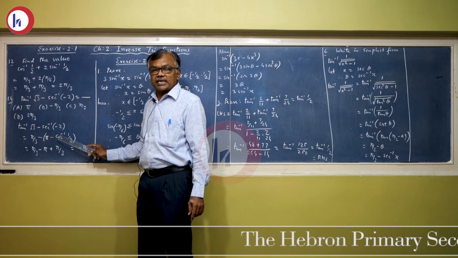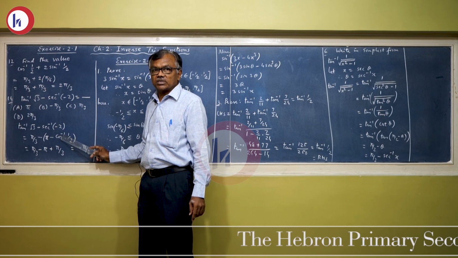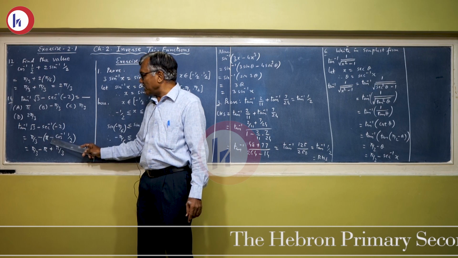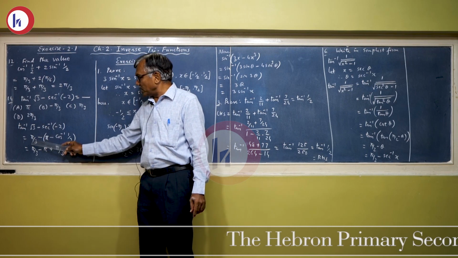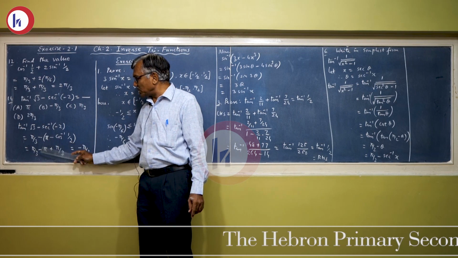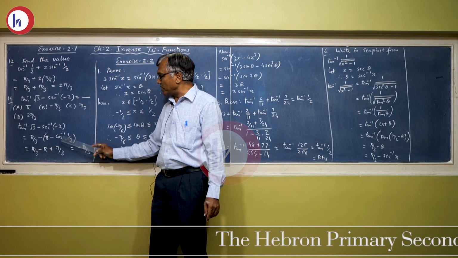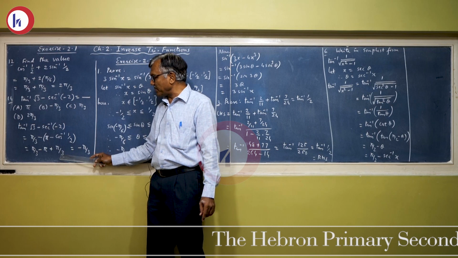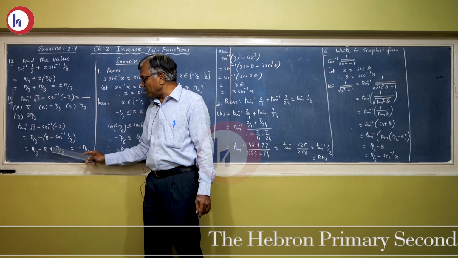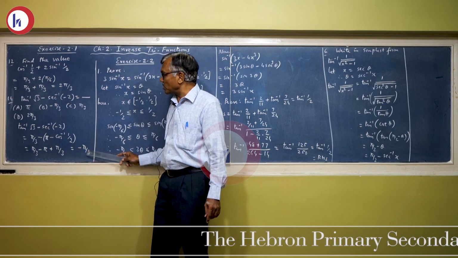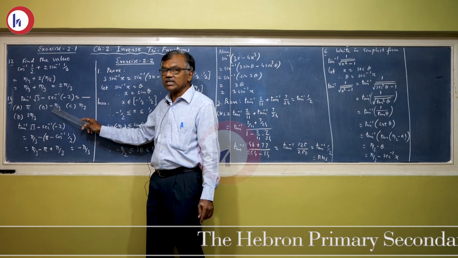Sec inverse 2 is the same as cos inverse 1 by 2. So pi by 3 minus (pi minus cos inverse 1 by 2). Minus minus becomes plus, so plus cos inverse 1 by 2, and the value of cos inverse 1 by 2 is pi by 3. So pi by 3 plus pi by 3 is 2 pi by 3, minus pi, that is minus pi by 3. So the correct option is B, minus pi by 3.